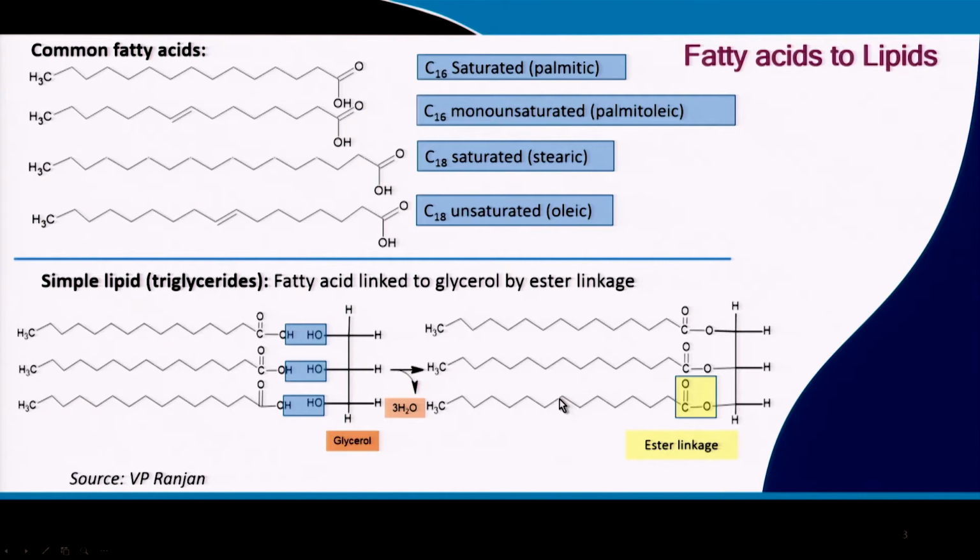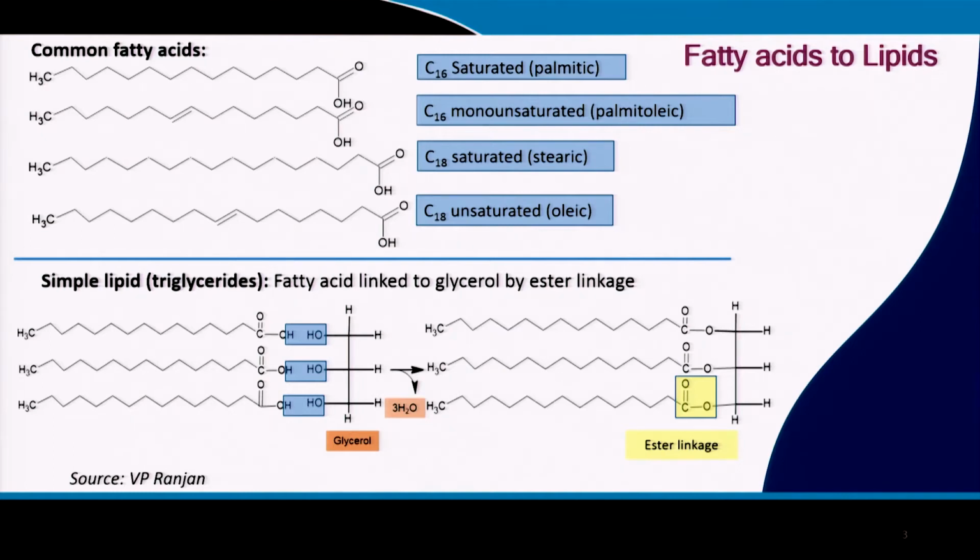I also have a mention that this ester linkage serves as a biomarker. One of the major differences between bacteria and archaea, if you remember the 3-domain classification that is now very popular in every microbiology textbook, it is based on these two kingdoms, bacteria and archaea.